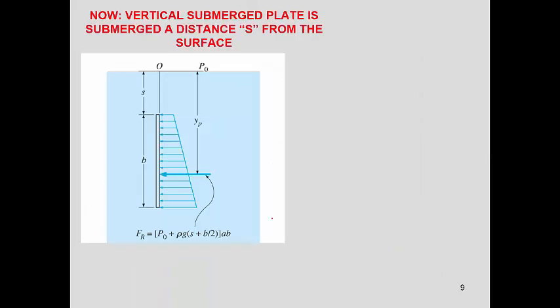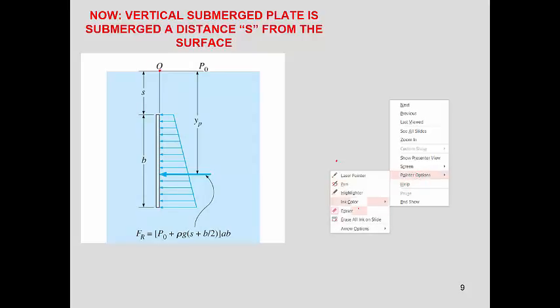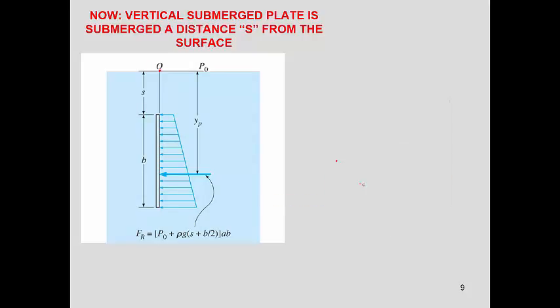And so the first case we saw was whenever the plate was submerged, but right at the surface, and now we have a distance s. If we had the initial case, then it would be like this. But as I mentioned, now we have a plate submerged at a distance s. So that changes the profile of the pressure.